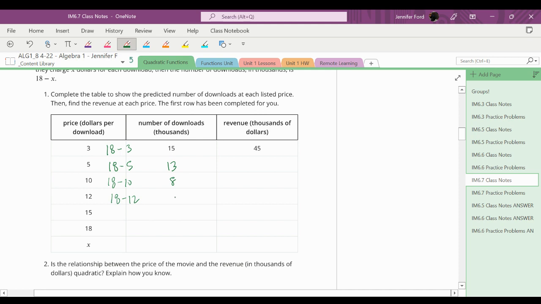That would make sense. 18 minus 15, which is 3. And 18 minus 18, that's the price where it's too much. People aren't going to buy that anymore.